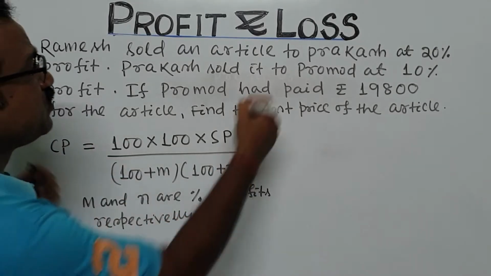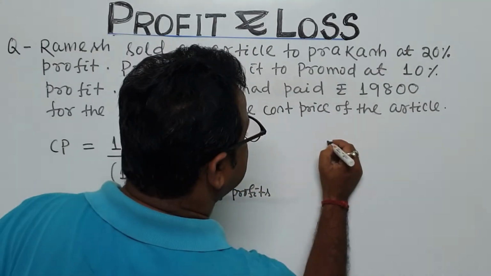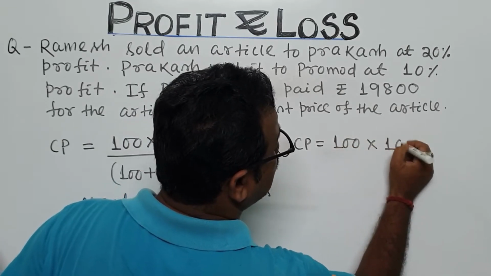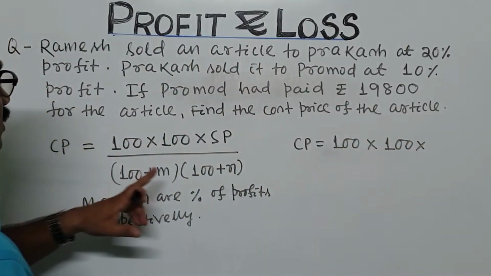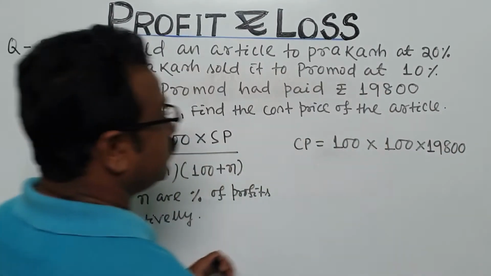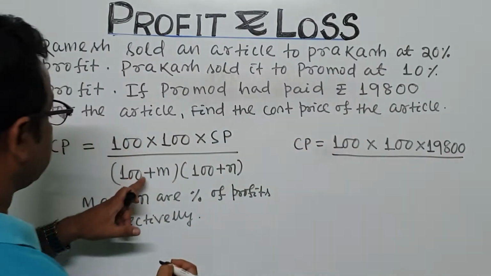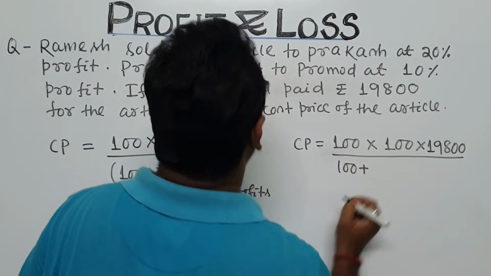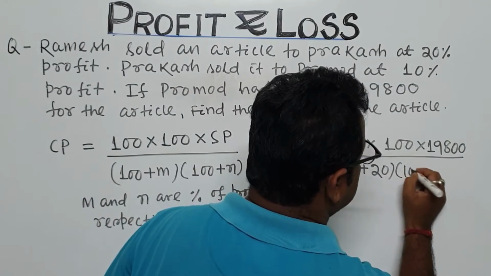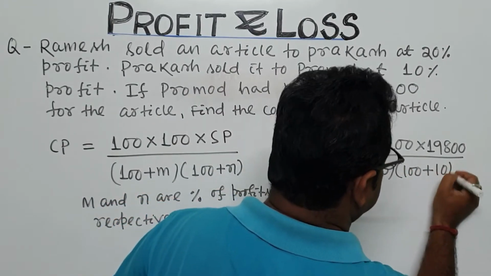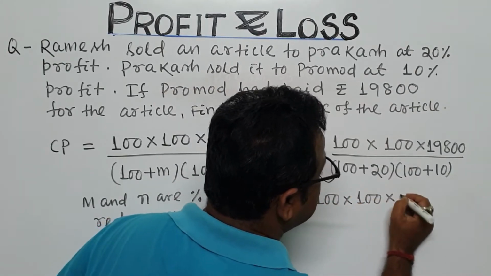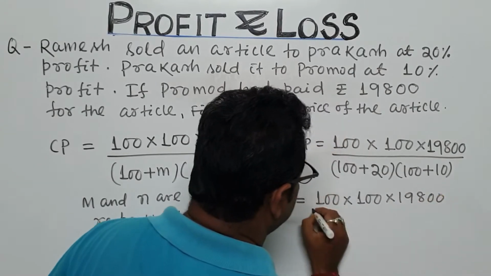Okay, so now see, CP is equal to 100 into 100 into 19800 by 100 plus 20, into 100 plus 10.